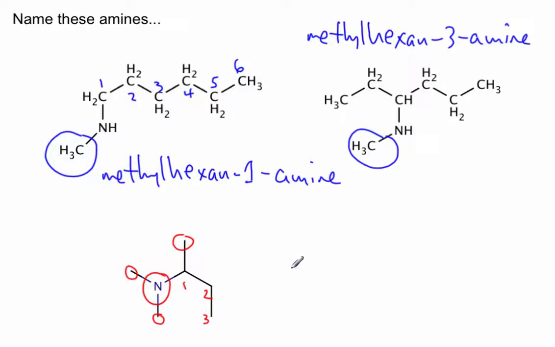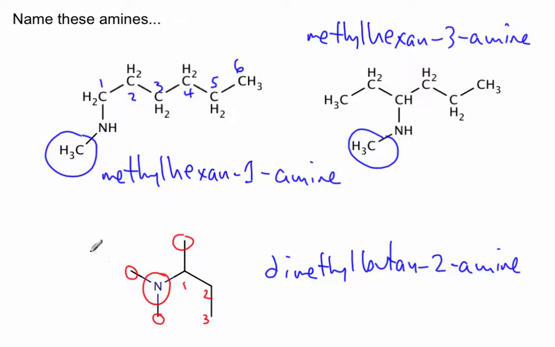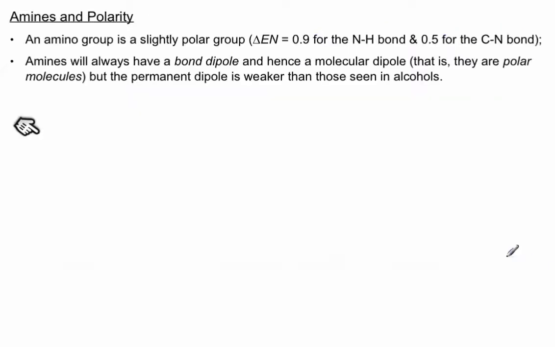It becomes dimethyl butane-2-amine. So in fact, I look at my longest chain as 1, 2, 3, 4, and that's a butane, but it's attached to carbon 2. So dimethyl butane-2-amine, that's what that is.